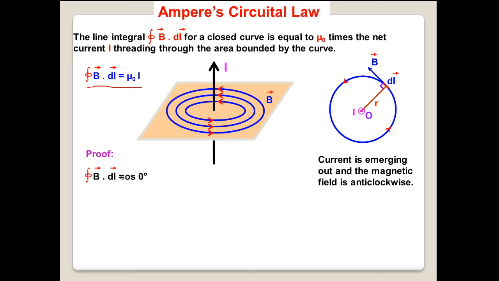Now let us see its proof. Here, current is emerging out, so the magnetic field is in anti-clockwise direction.